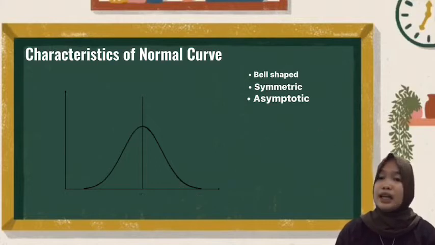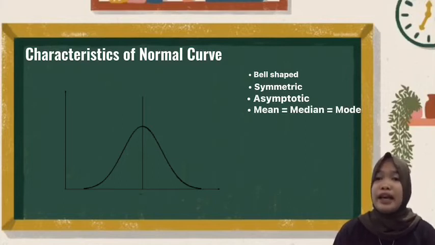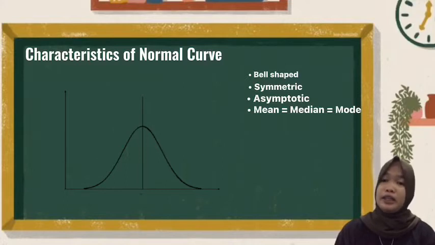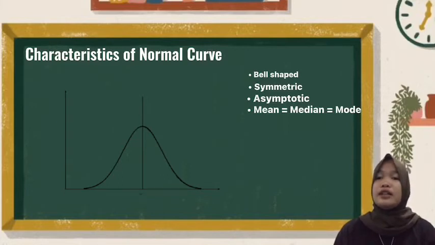Aside from that, in the normal distribution, the mean is equal to the median and the mode. In some cases, the mean will be higher than the mode and then the mode higher than the mean or the median. But in the case of a normal distribution, the mean is equal to the median as well as the mode.